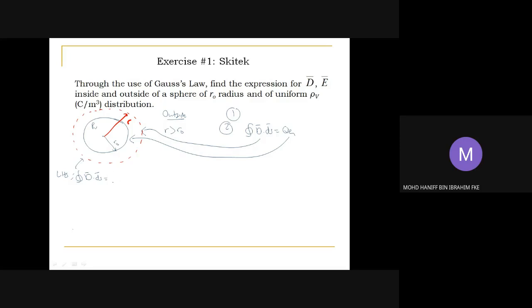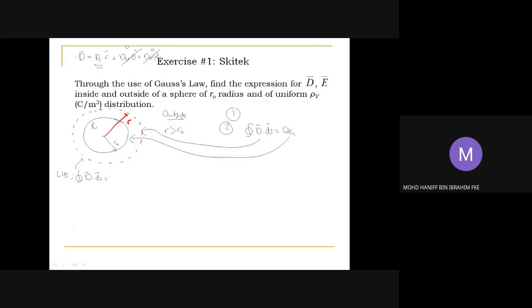As before, the vector D will only be in the R direction. The vector D can have R, theta and phi components, but we have agreed, as mentioned by your friend just now, that the vector D will only be in the R direction, where the theta and phi components can simply be equated to 0.